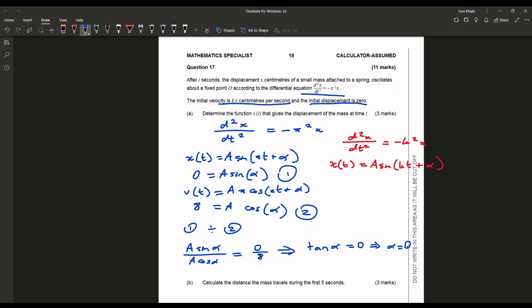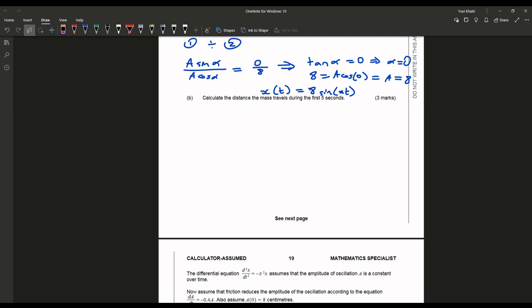Now, subbing this into equation 2, we have 8 equals A cosine 0, so we get A equals 8. That gives us alpha and A, and now we can just write our final displacement equation from that. So we have 8 sine(π t plus alpha), but alpha is 0. So this is our final answer.